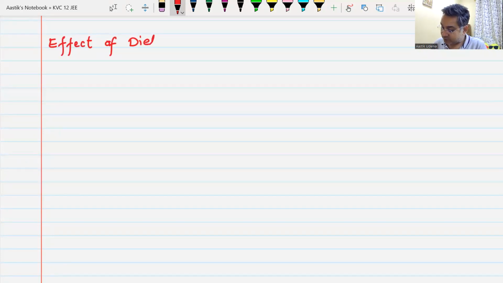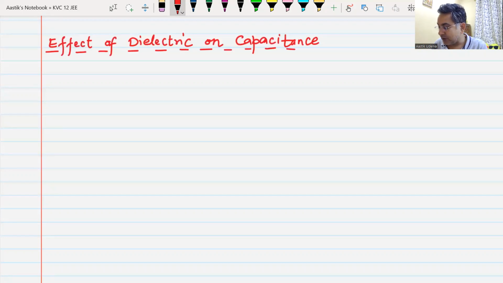The effect of dielectric on capacitance. What happens if a dielectric is inserted inside a capacitor?